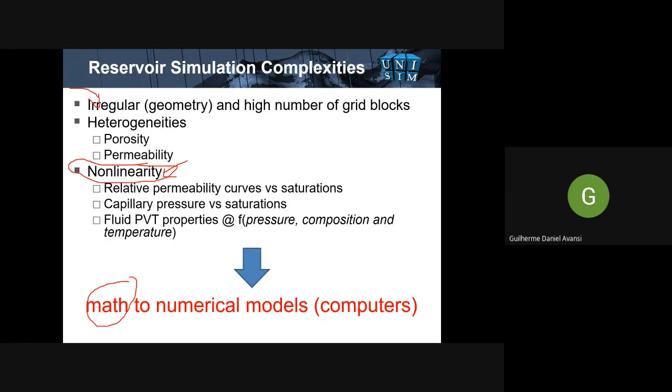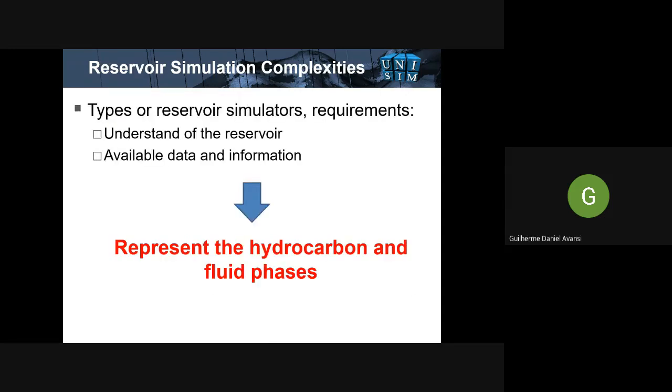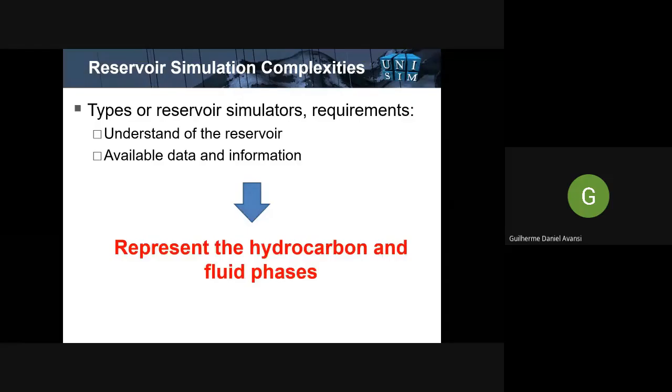As the complexity increases, we need to move forward using a numerical formulation. And the numerical formulation here is built as a numerical simulator. And the type of reservoir simulator that we have requires understanding these words. So we need to check the information that we have. Based on this, we can build our reservoir simulator and also use the correct one.